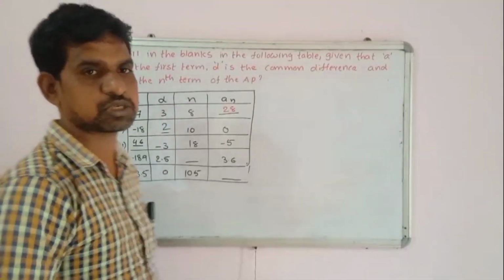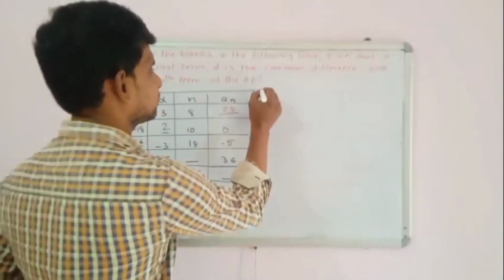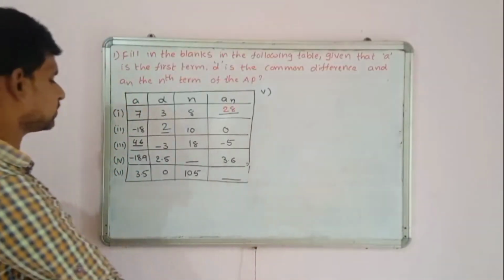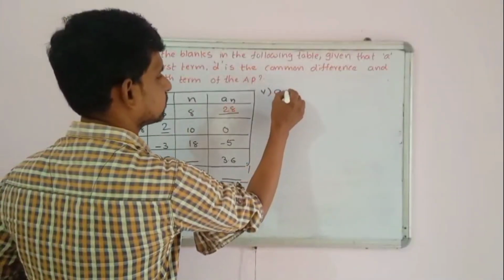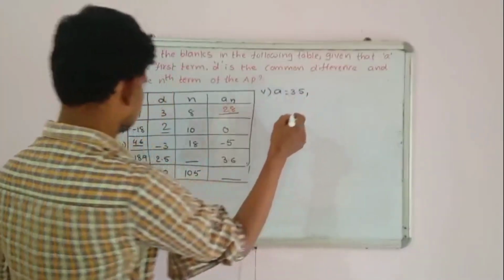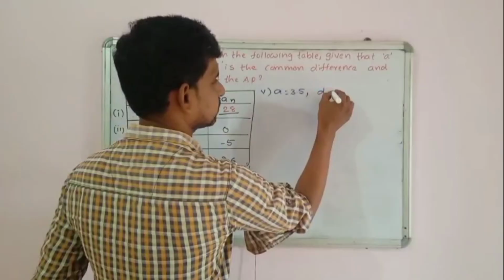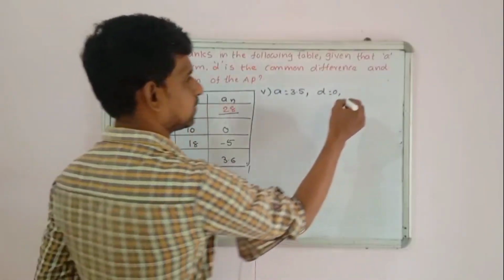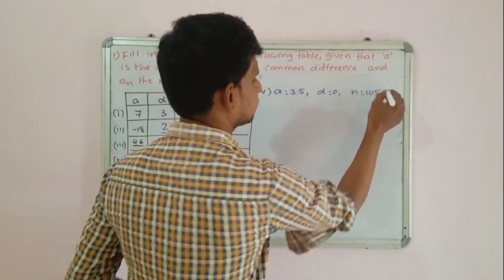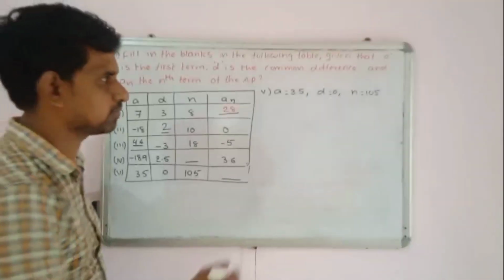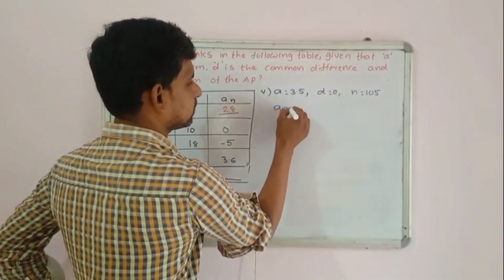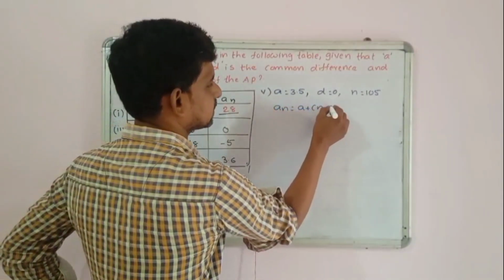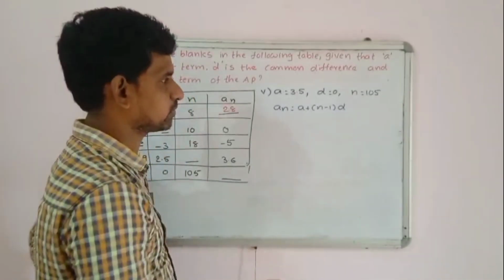Okay, fifth one. a equals 3.5, d equals 0, n equals 105. Find the value of an. So an equals a plus (n minus 1) into d formula.